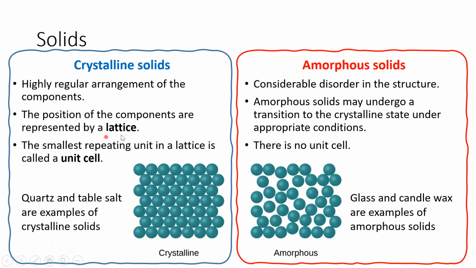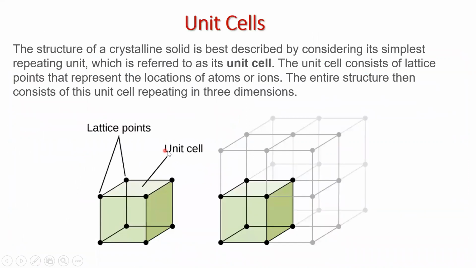We're going to spend a little bit more time talking about the crystalline solids and these unit cells. A crystalline solid is described by the simplest repeating unit, and that repeating unit is called our unit cell.